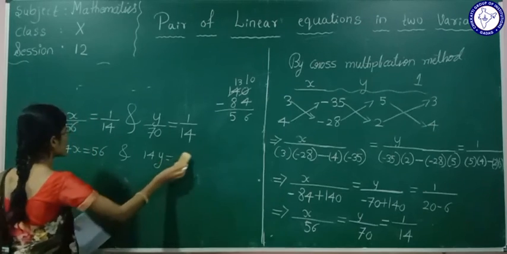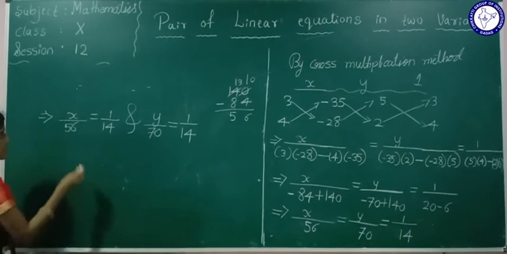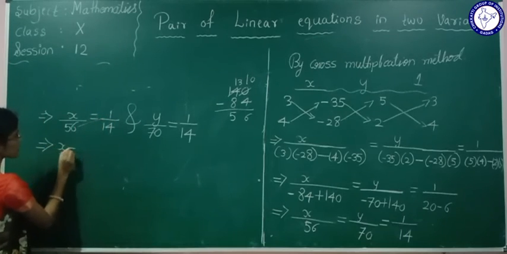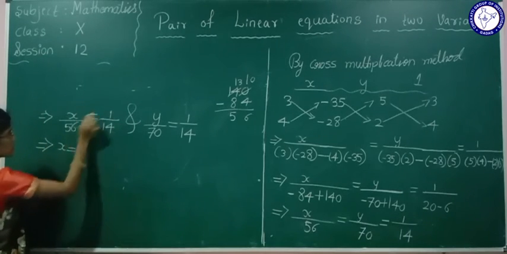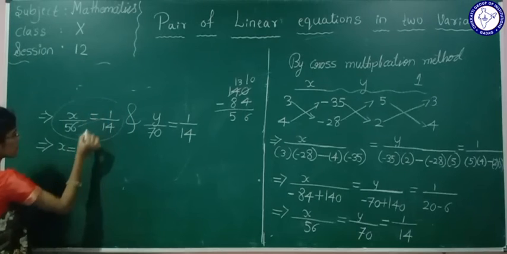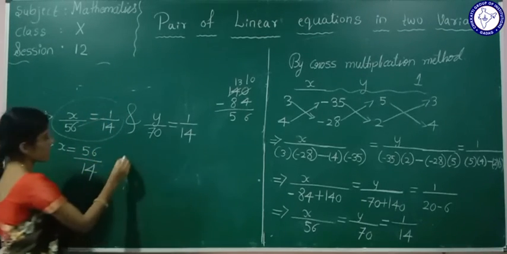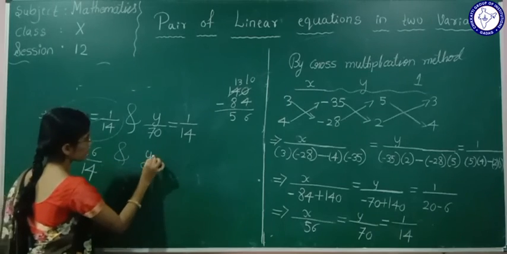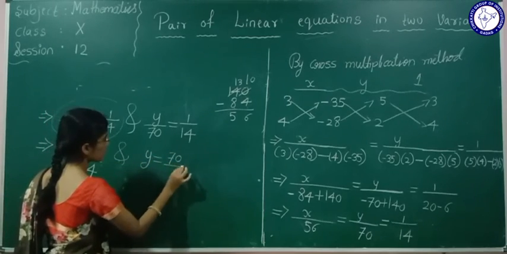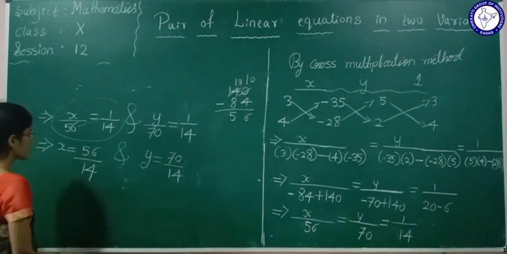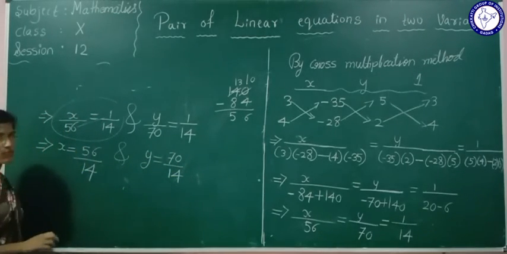Or say students, instead of doing cross multiplications here, x is equal to what from this equation? x is equal to 56 divided by 14, yes or no? And y is equal to 70 divided by 14, yes?